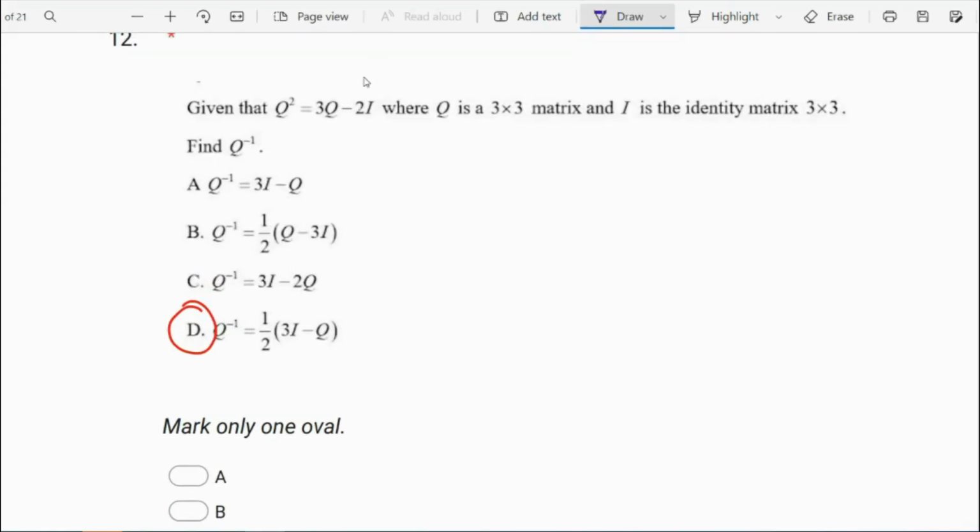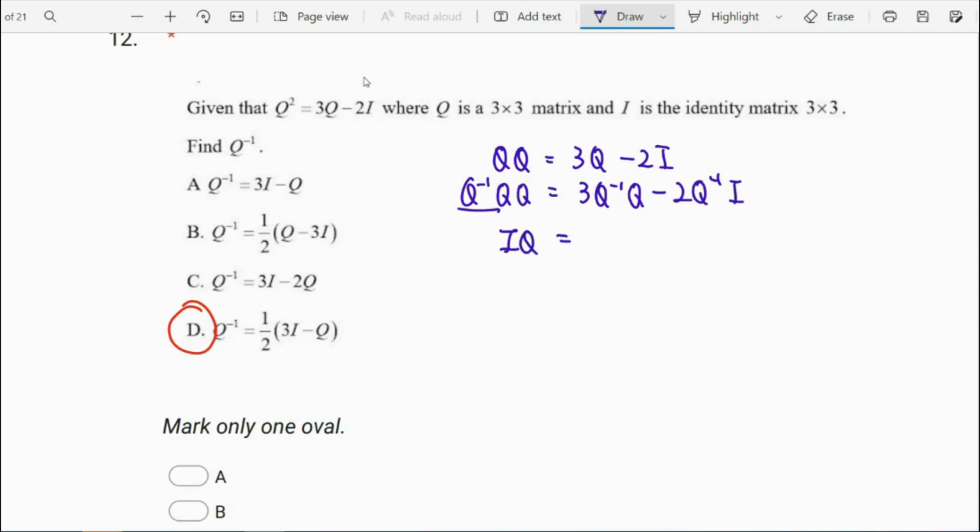Then given that matrices Q square, so Q square in matrices better we write in QQ, 3Q minus 2I. You want to find Q inverse, so we're going to multiply Q inverse in front of matrices. Use your properties, Q inverse with Q, you get identity.